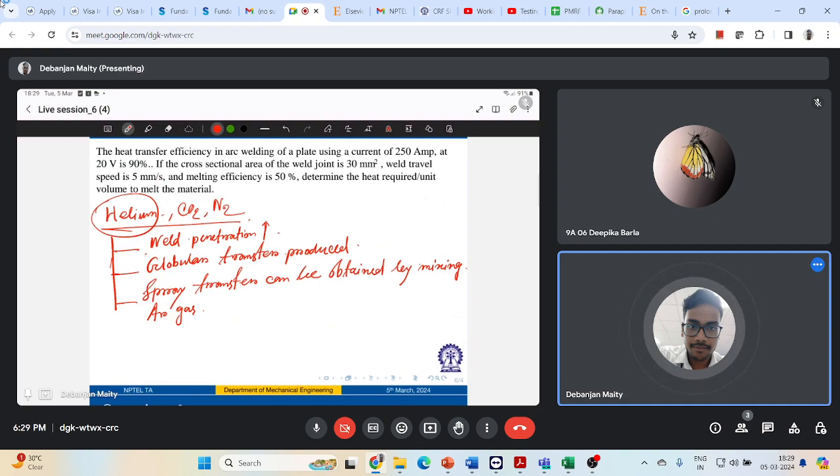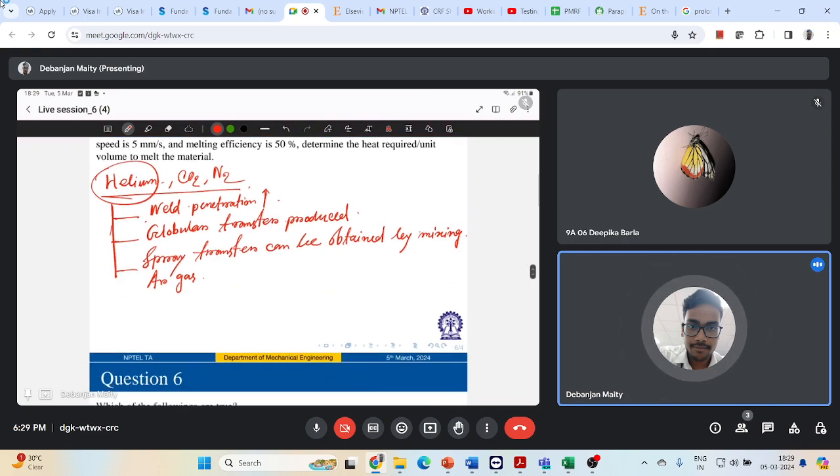Rather, they will form spatter when you are doing joining. Since CO2 and nitrogen are active gases, spatter formation will be higher over here.